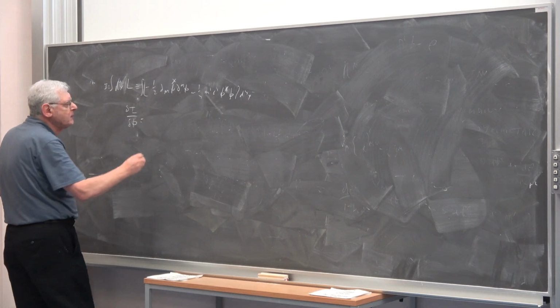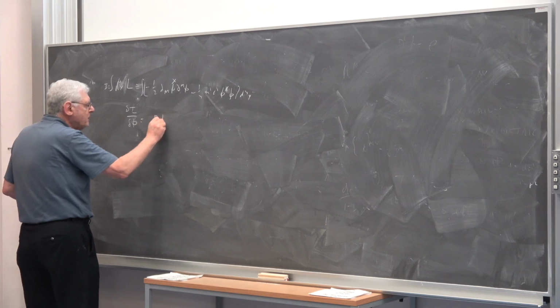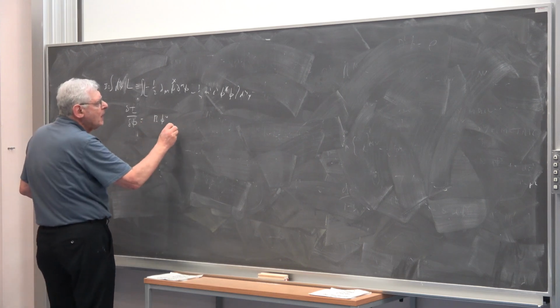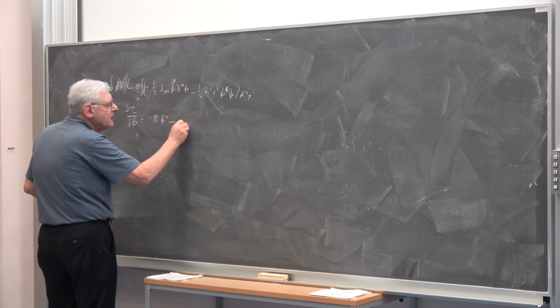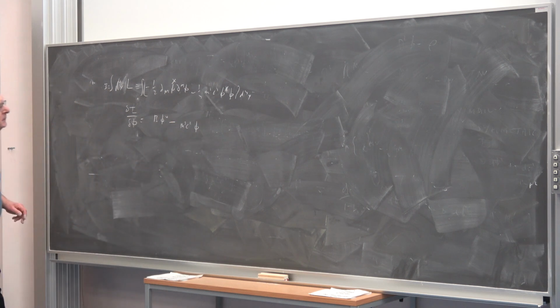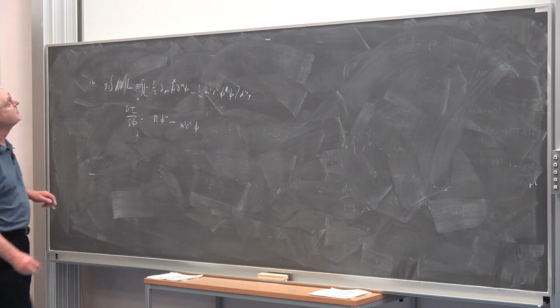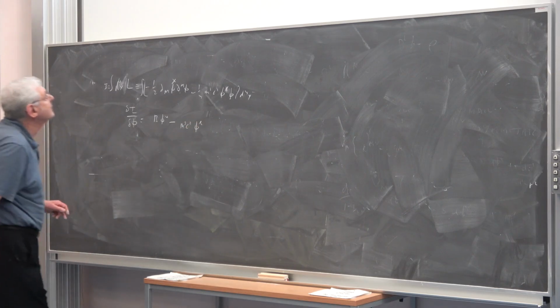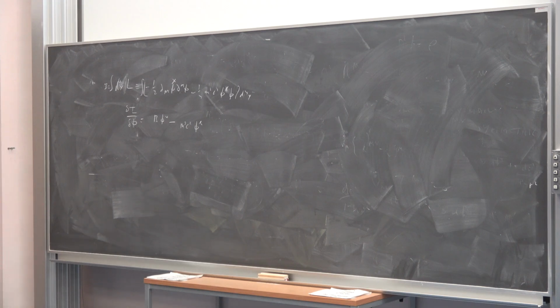And that is equal to box φ star minus m squared c squared φ. We take the variation with respect to φ, so that would be φ star. So that's the energy momentum tensor.